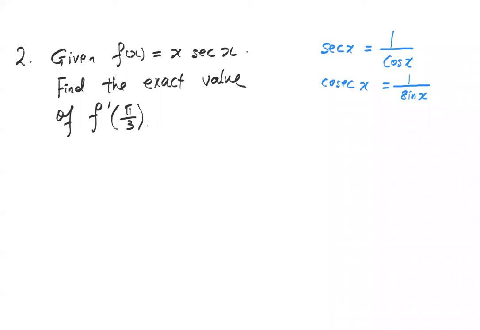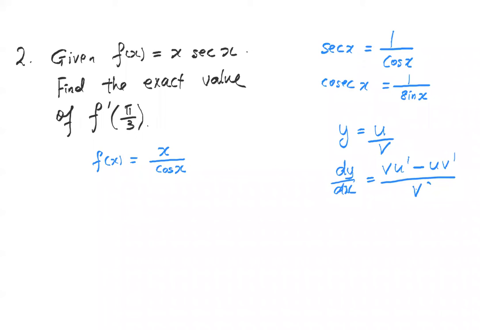So convert f x to this first. So you use your quotient rule. Still remember your quotient rule? Y equal to u over v. So dy over dx. Please don't get the wrong formula again. V u prime minus u v prime, the whole thing divided by v squared.